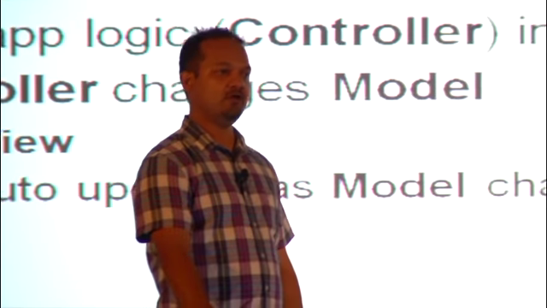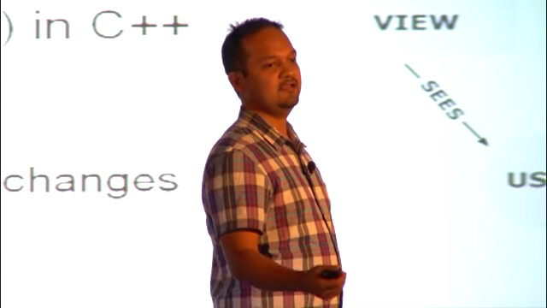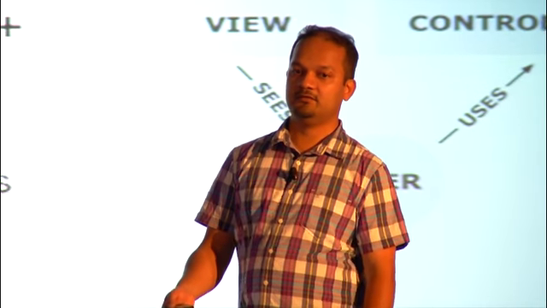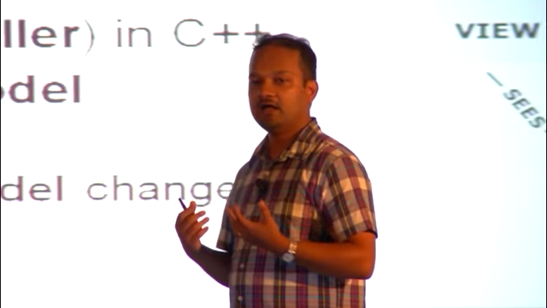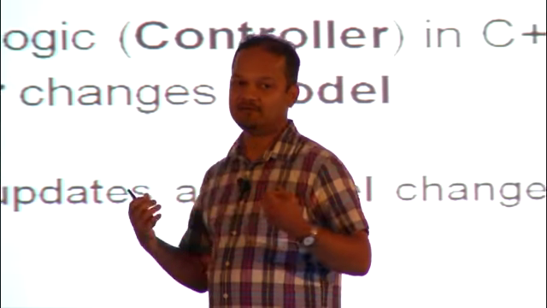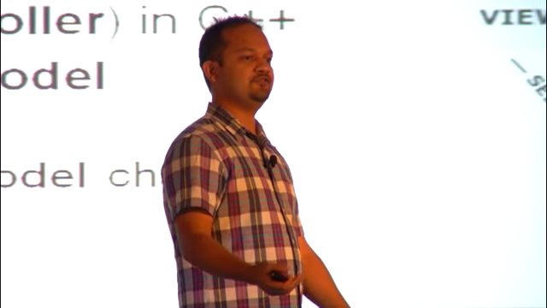So your application logic can also be in C++, changing the model and not the QML objects. Okay? It's not a good idea to tie your application logic with the user interface that tightly, because that makes it extremely difficult to change code in the future.